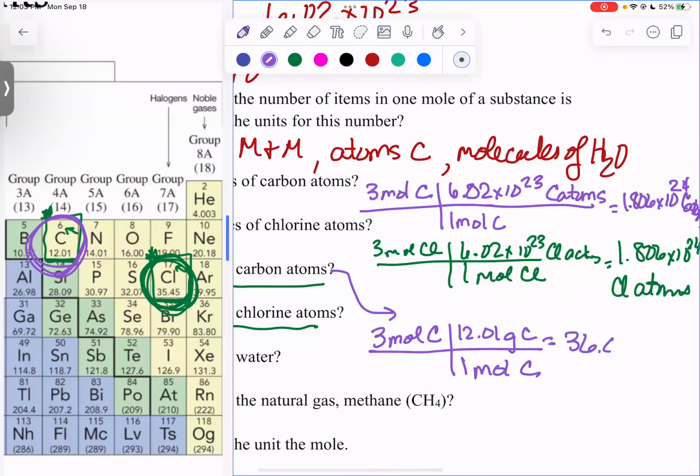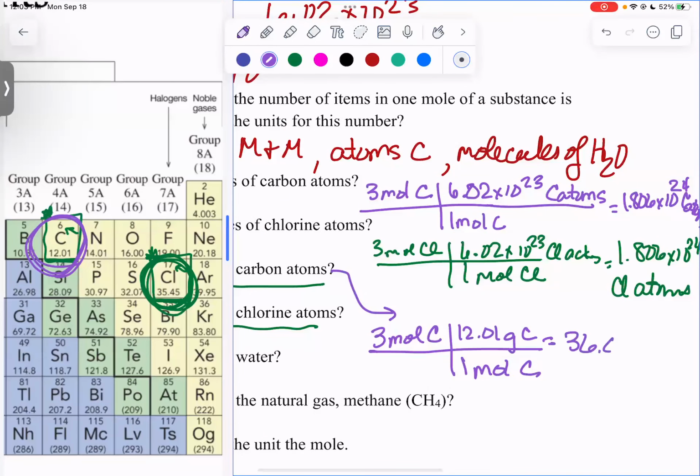Let's do the same thing, but with chlorine. Okay, so here's chlorine. I have 3 moles of chlorine. Now in this case, in 1 mole of chlorine, I now have 34.45 grams of chlorine.